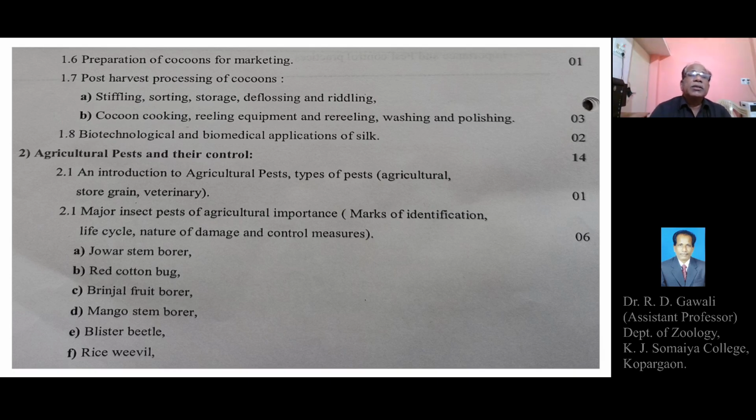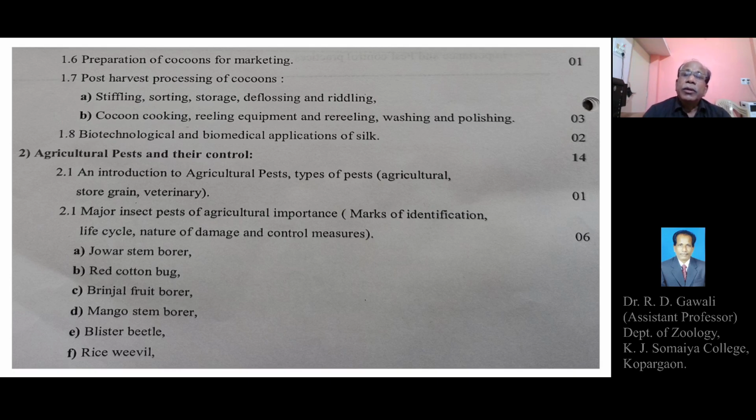Then next part is cocoon cooking or boiling. Due to cocoon cooking and boiling, the silk thread can be separated, which has been stuck due to the secretion of the gelatinous protein sericin at the time of spinning cocoons.